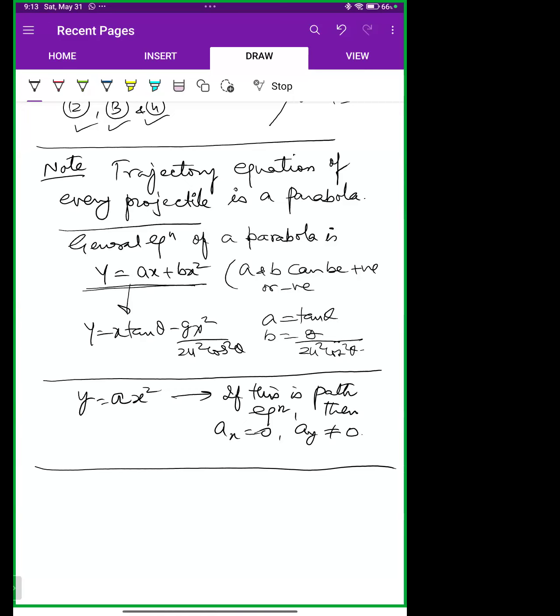First try simple questions, then try good questions, and even after that, many students, most of the students, keep thinking. These ideas come so many times in your mind: sir, I am not able to solve questions. Many a time you people feel that I am not able to solve questions.